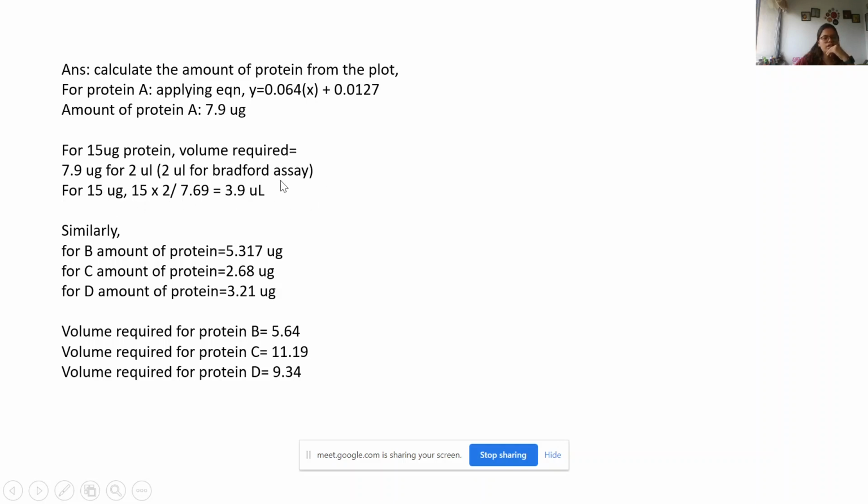You will get around 3.9 microliter. So for 15 microgram of protein to be loaded, you need to use 3.9 microliters. And similarly, you can calculate for other proteins. I hope this is clear. If anyone has any doubt, they can ask.